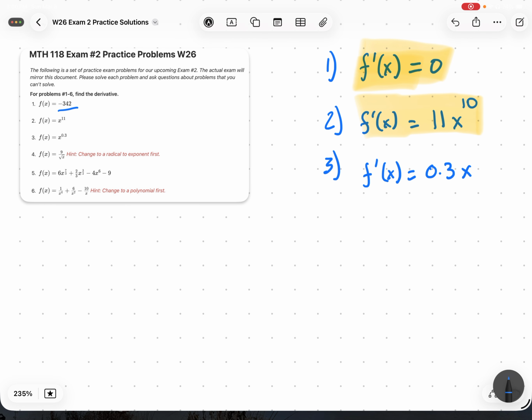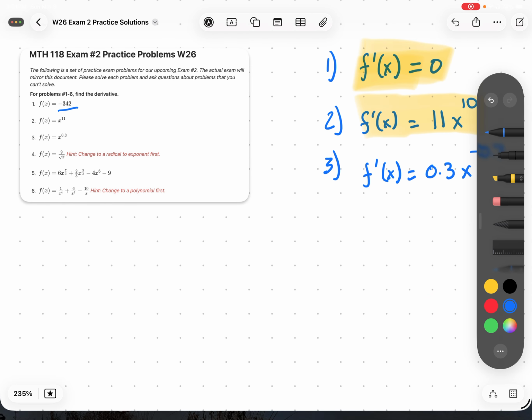And then my power on x now is 0.3 minus 1. If you're not sure about that calculation, please use your calculator. But I can do it in my head, and that ends up being negative 0.7. Let's just make sure I didn't make a mistake since I bragged about how I could do it in my head. Yes, that looks good. Okay, so we're all set there.